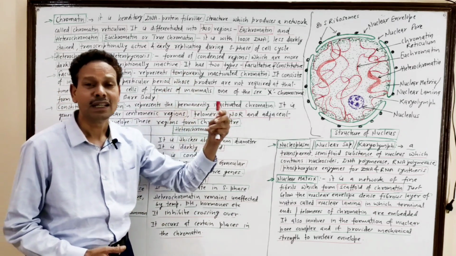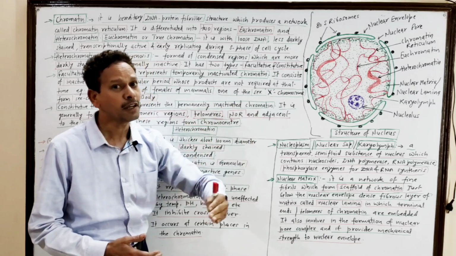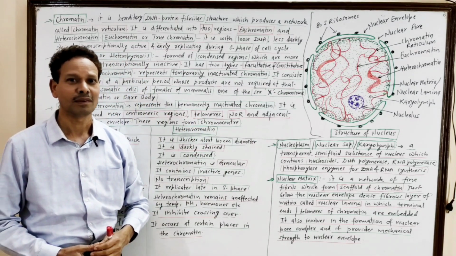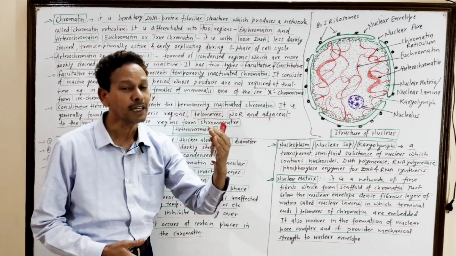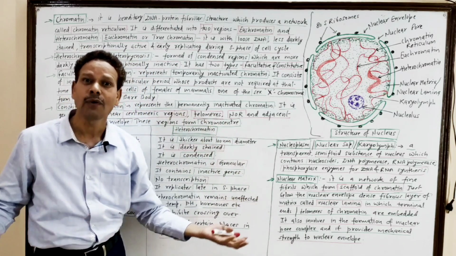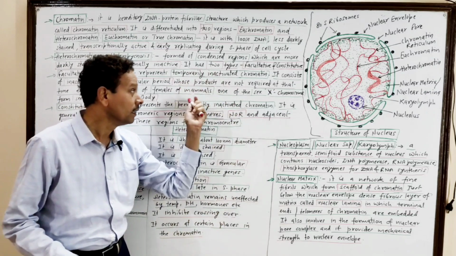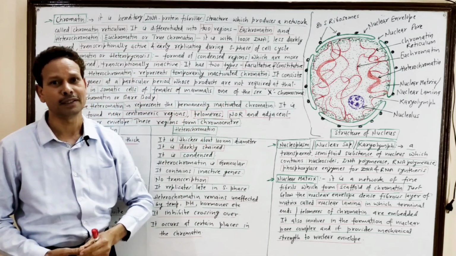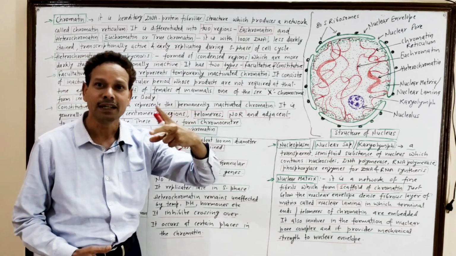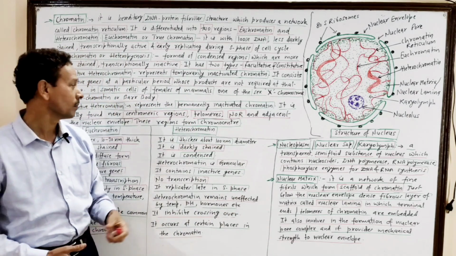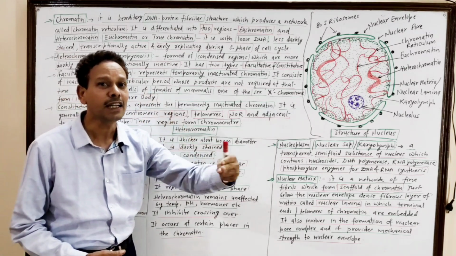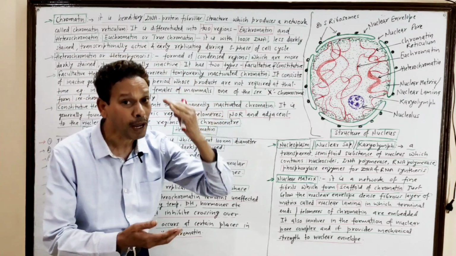Dear students, its genetic part remains inactive for a short period because at that time its products are not required. That's why this chromatin remains inactive for that period. Temporarily, it remains inactive. But in constitutive heterochromatin, the genetic material, the DNA, remains permanently inactive.